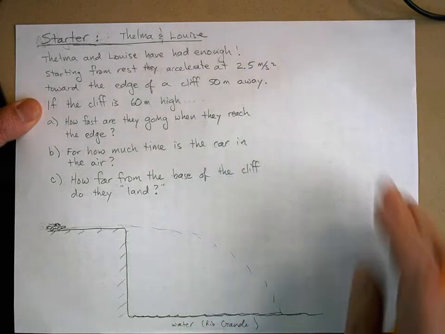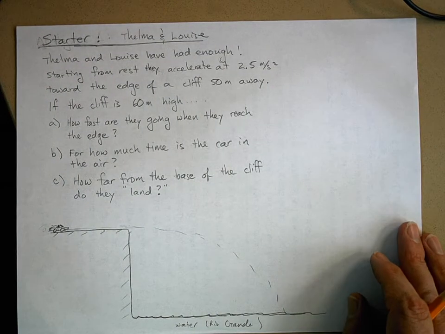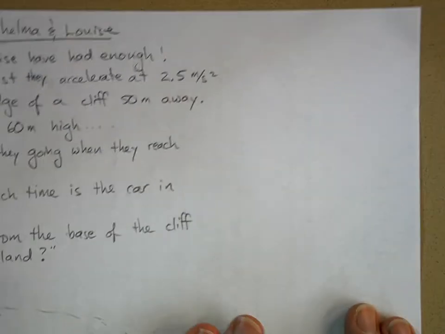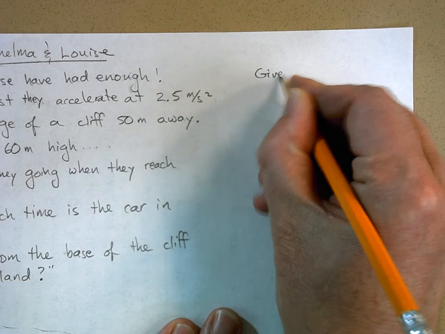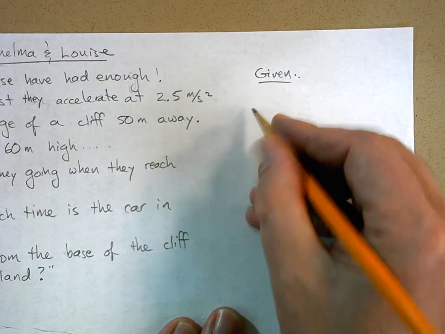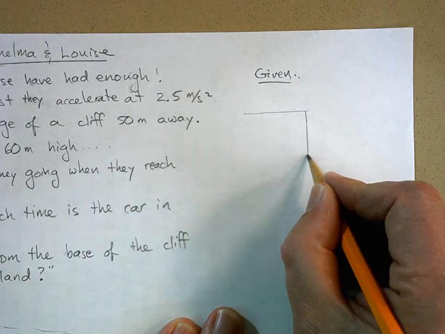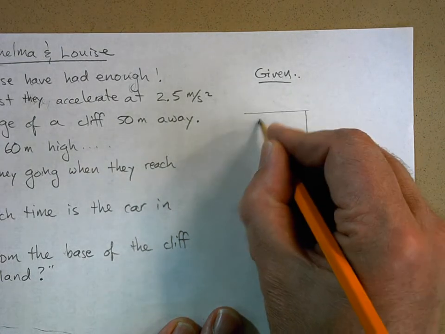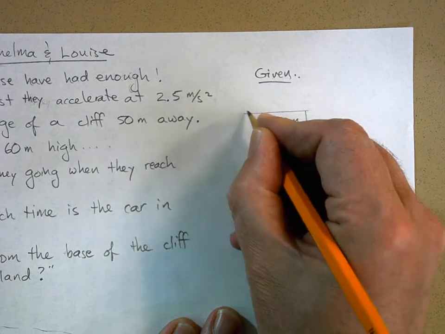So let's zoom in a little bit. I want to do given. Let's do this first part here. I'll resketch the problem. Delta x equals 50 meters.